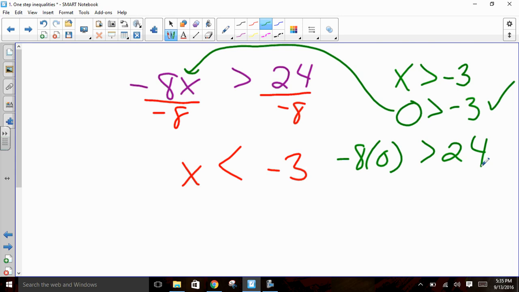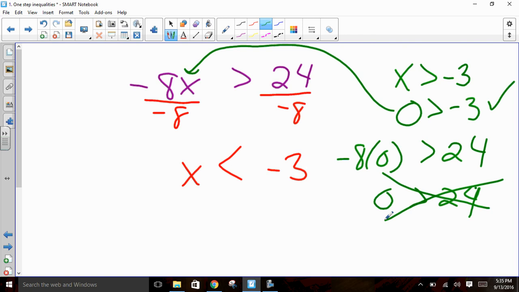Well, what's negative 8 times 0? 0. So then you get the expression 0 is greater than 24. Hey guys, is 0 bigger than 24? No, it's not a true statement.